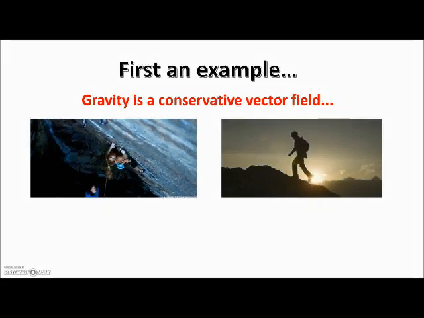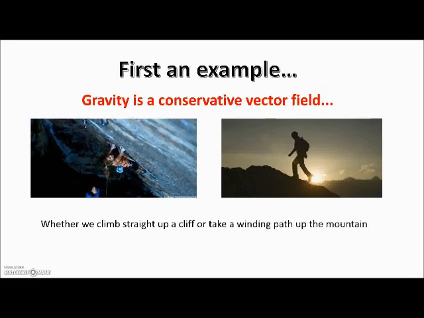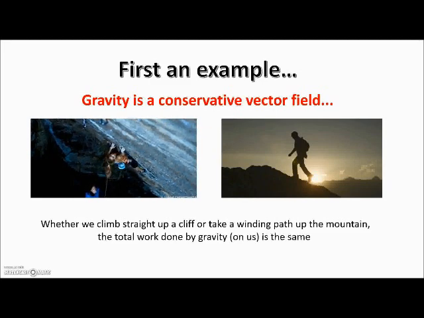Whereas if you walk up a meandering path up that same mountain from point A to point B, it won't feel like as much work, but because it takes a longer time, it's going to end up being exactly the same amount of work. Whether we climb straight up a cliff or take a winding path up that same mountain, the total work done by gravity on us is the same. Therefore, gravity is a conservative vector field.